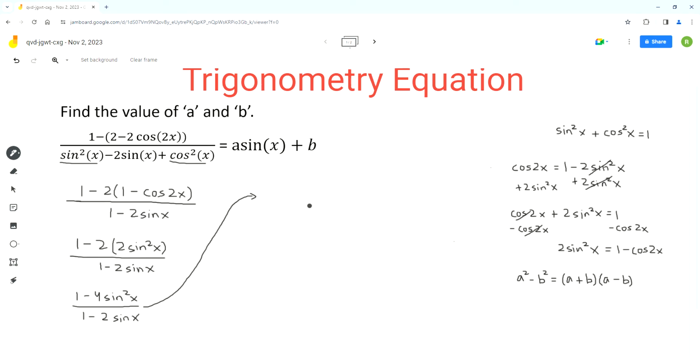So 1 can be written as 1 square minus, now 4 is a perfect square, so 4 can be written as 2 square sine square x over 1 minus 2 sine x.